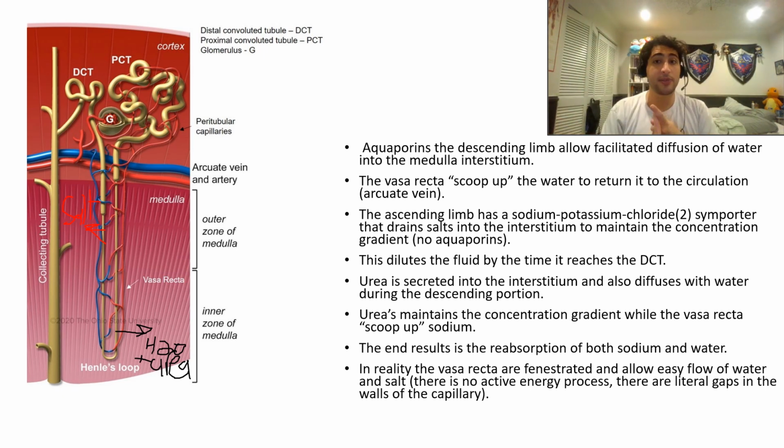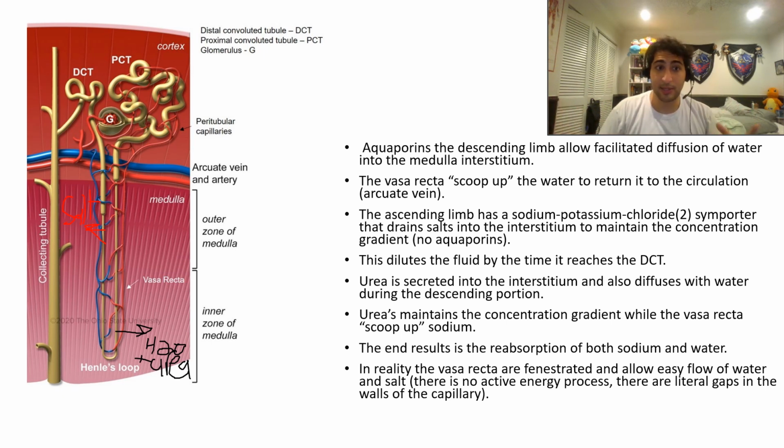You have the vessels that supply and drain fluid from it, and by draining fluid, they're also draining salts. You have the thin descending limb, which is pumping the water into the interstitium so those vessels can take it back to begin with, and the ascending limb, which is pumping salts out into the interstitium so that the veins can take it in. And why can they do that?